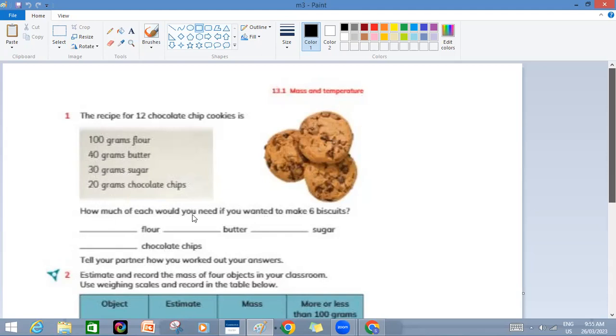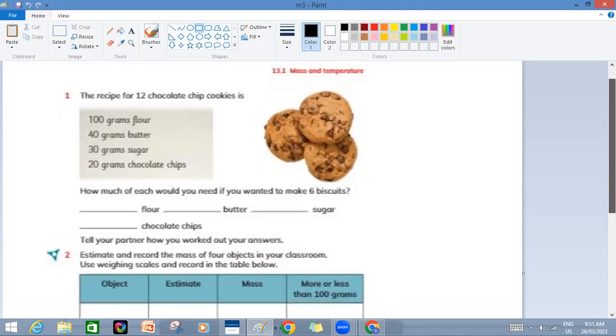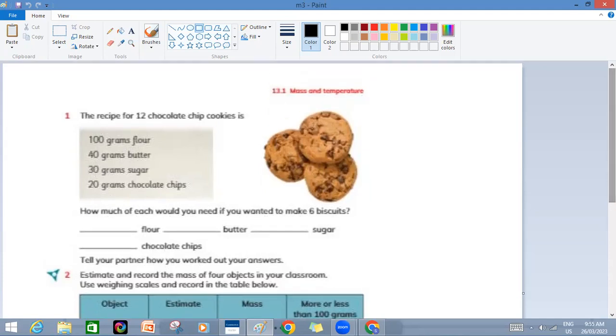How much of each would you need if you wanted to make 6 biscuits? This is the recipe for 12 biscuits and we want to make only 6, so we are going to use half of each ingredient.